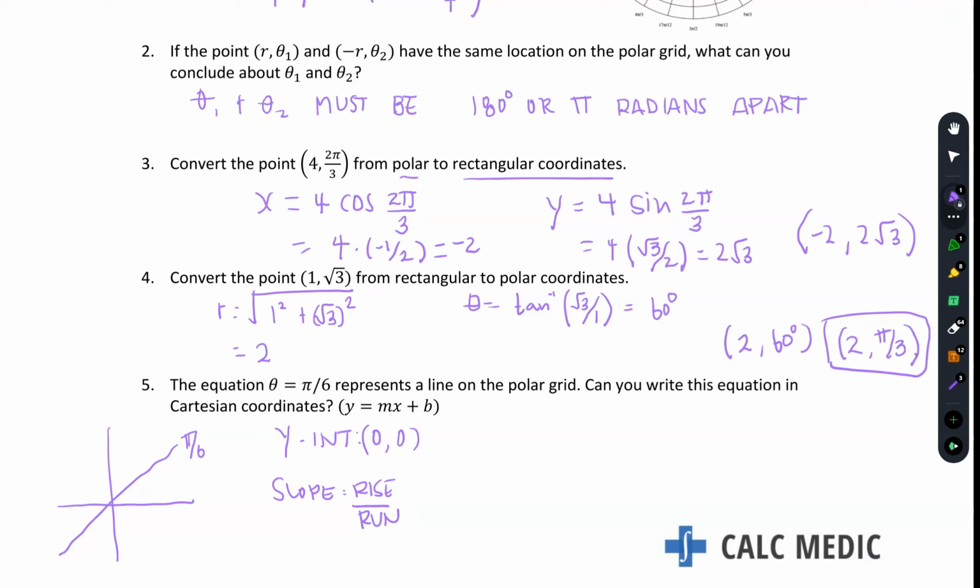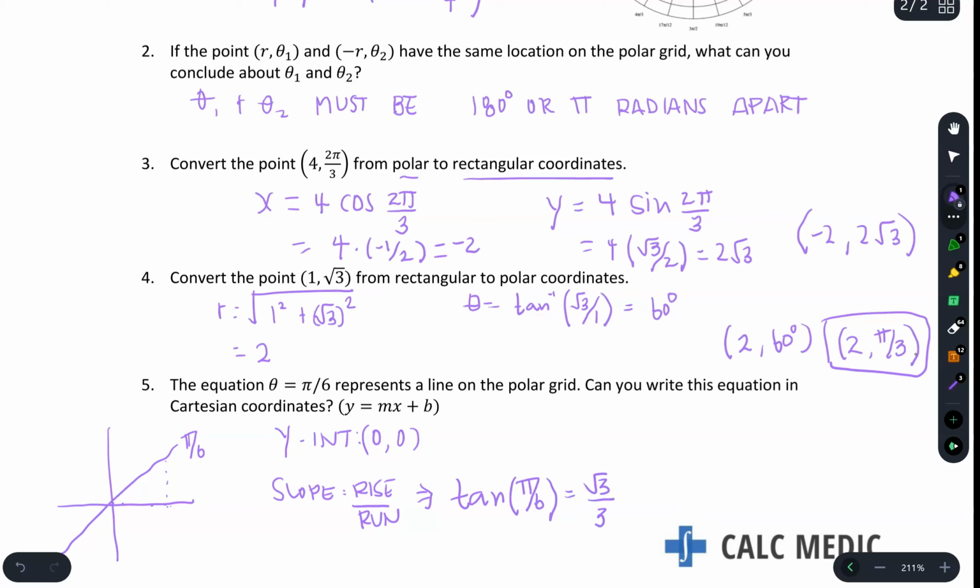Tangent, because rise is your y value, change in your x. So it'll be tangent of pi over 6, which is square root of 3 over 3. So it'll be y equals square root of 3 over 3 times x. Alright, let me know if you have any questions.